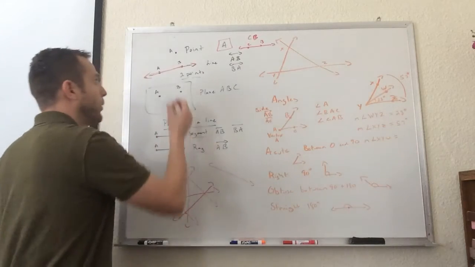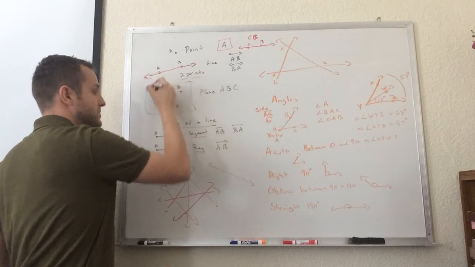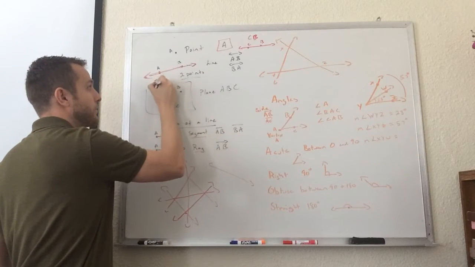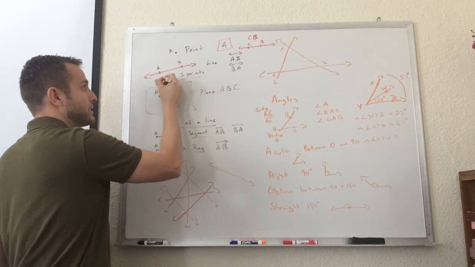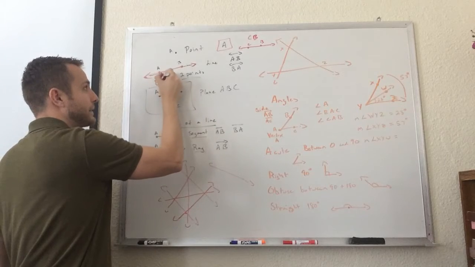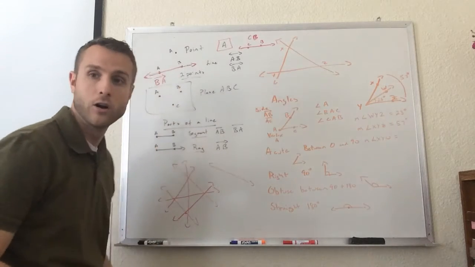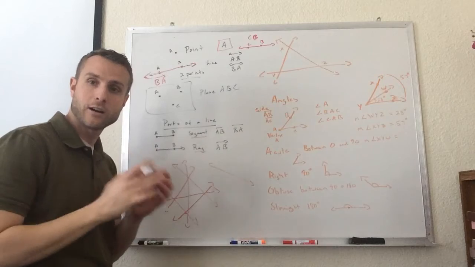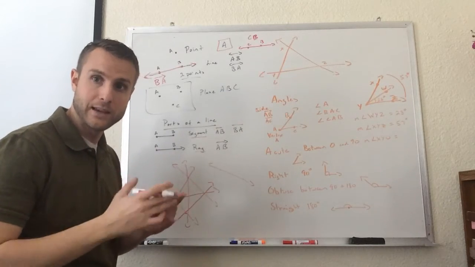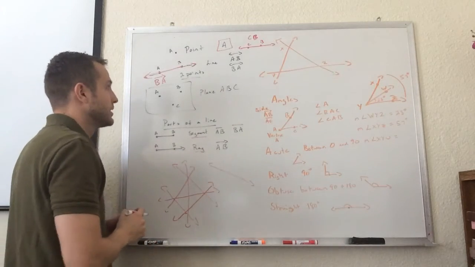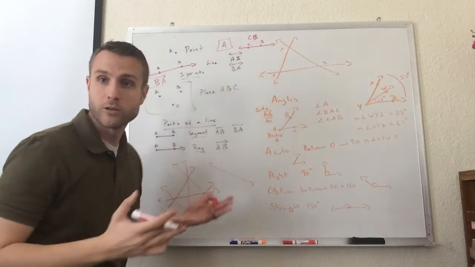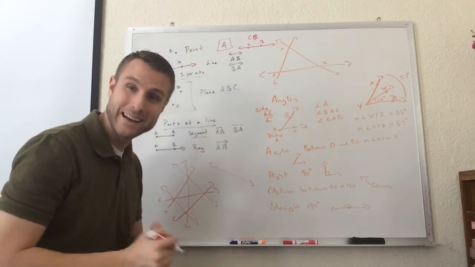In that case, I still need 2 points. I want 1 point where it starts, and I'm going to put that one first, and then one other point in the direction that it's going. And when I label it, I have an arrow that's starting where I start with B, and then going in the opposite direction. So for lines and segments, the order doesn't matter, but for rays, the order does matter.